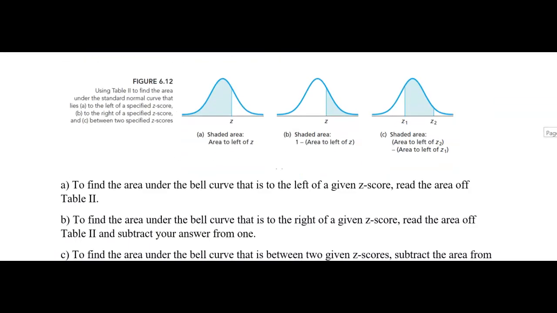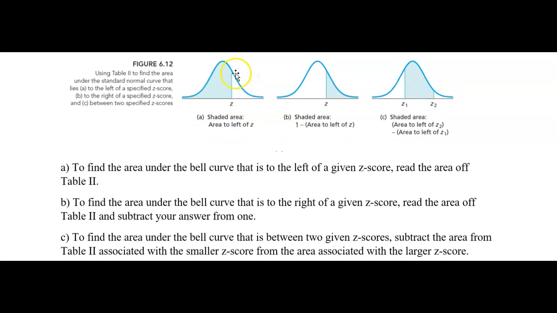Now these are the three main cases here. Read these. To find the area to the left, whatever area you get in the table is the value. When you want to find the area to the right side of a z-score, because the table always gives you the area to the left, you subtract it from 1.